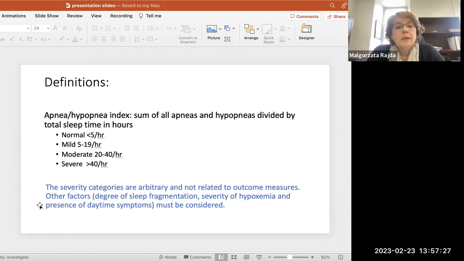Moderate, some sources consider 15 to 30, others from 20 to 40 events per hour. And anything more than 30 or 40 events is considered severe sleep apnea.